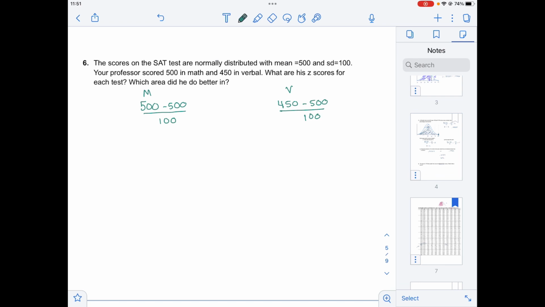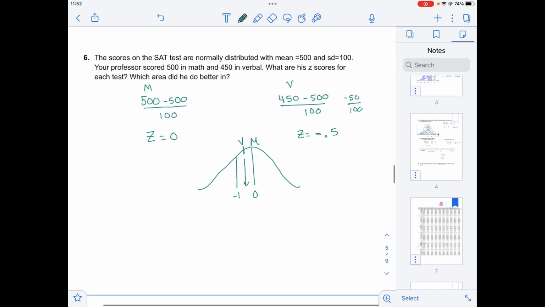For math, 500 minus 500 is 0, so this Z-score is 0. For verbal, we get negative 50 divided by 100, and when we reduce that down, we get a negative 0.5 for the verbal Z-score. If we think about our bell curve, he was here for math and at negative 0.5 for verbal, so he obviously did better in math than in verbal.